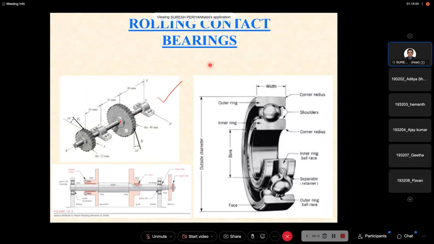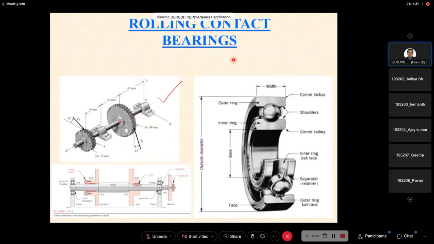We discussed SAE 30, SAE 10, SAE 40, and oils we can use for two-wheelers, especially scooters and mopeds, in the last class. Based on our application, we have to choose the appropriate lubricant oil.